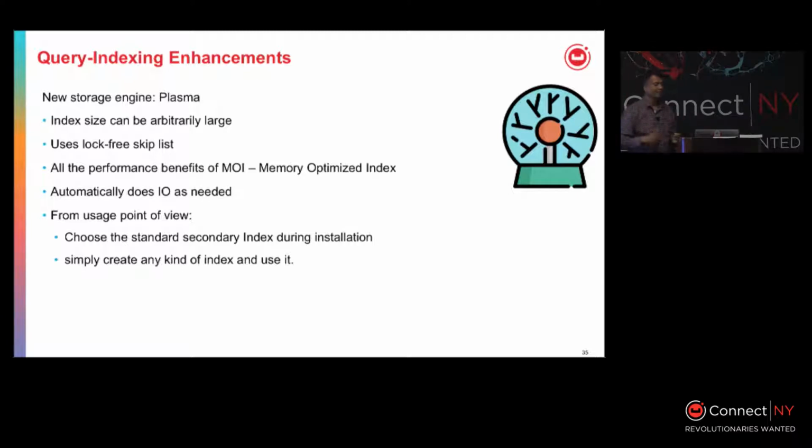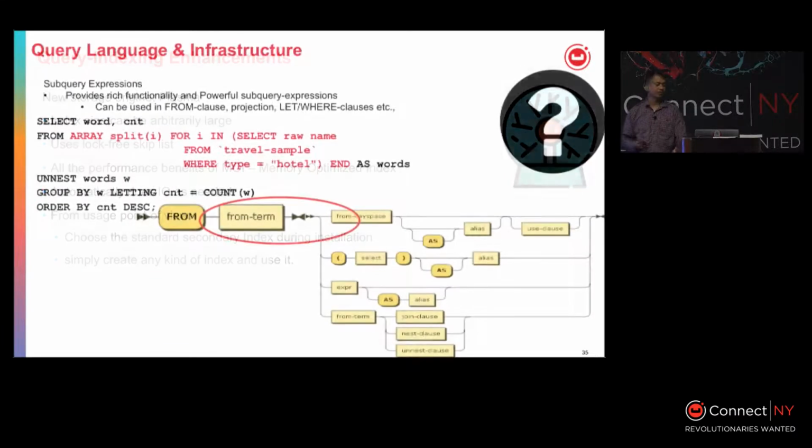We do the standard LRU, MRU buffer pool management by fetching only the relevant data to the memory. So we handle that automatically for you. Just choose the standard secondary index in your enterprise edition. This is available only in the enterprise edition, and whenever you create an index, it simply uses it. There is nothing else for you to do.